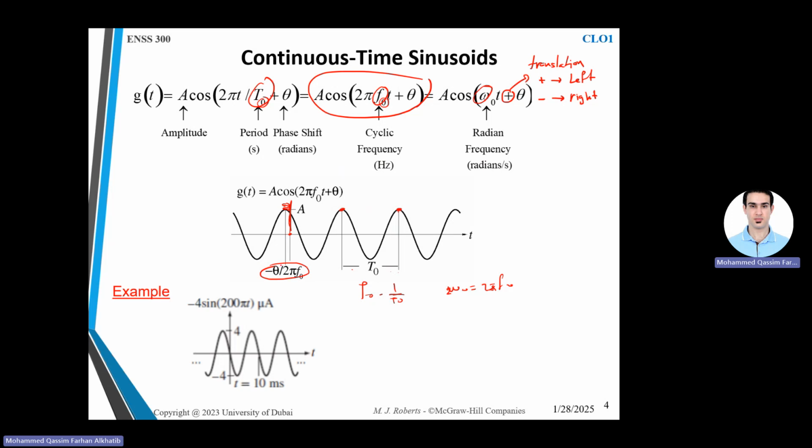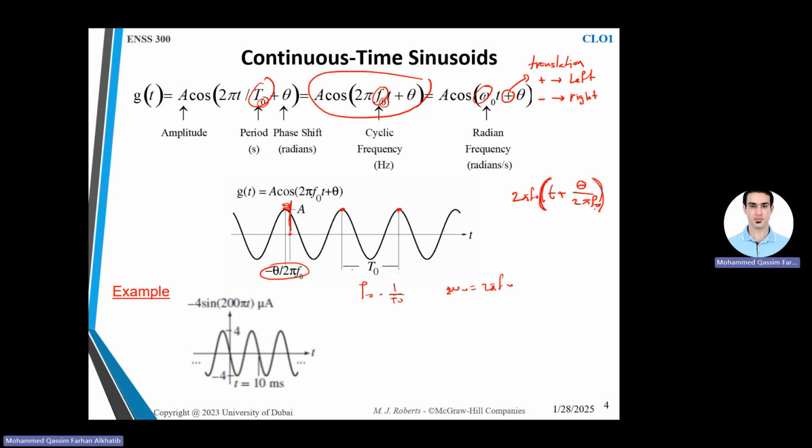Now, where this value came from, basically the shift should be t plus theta. So you have to take 2 pi f naught as a common factor. So 2 pi f naught by t plus theta over 2 pi f naught.